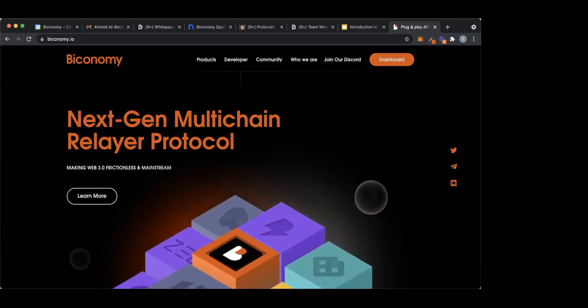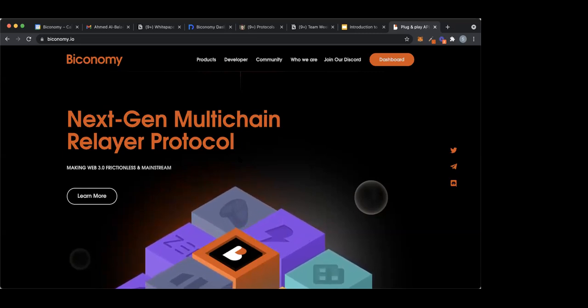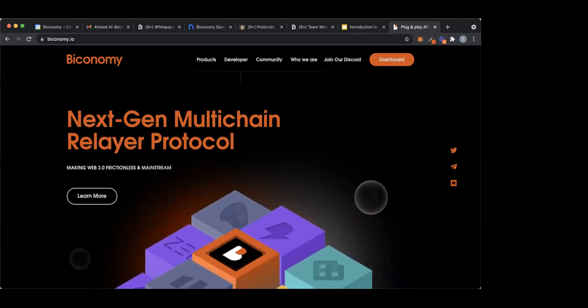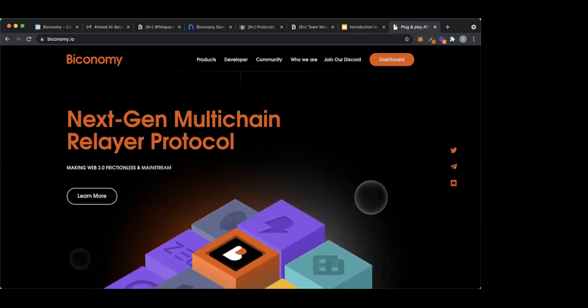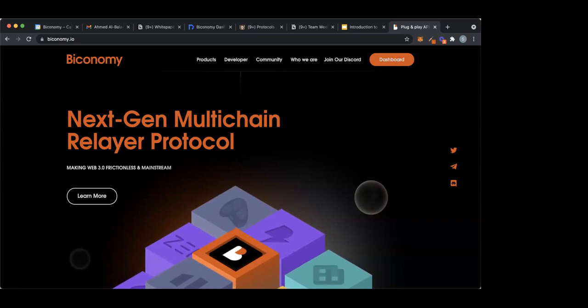And we are going to launch a Biconomy token that will act as security for our own network. And then it will bind all the actors or activity that will happen on the Biconomy decentralized network. So yeah, we will be launching.